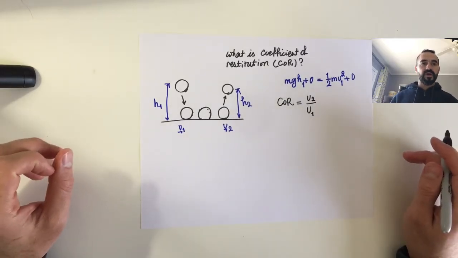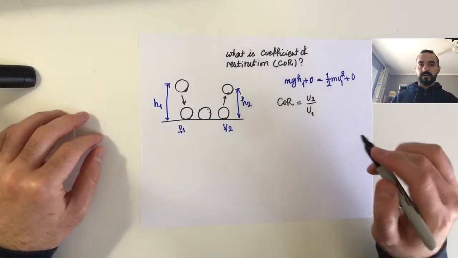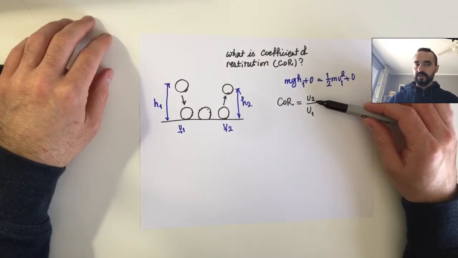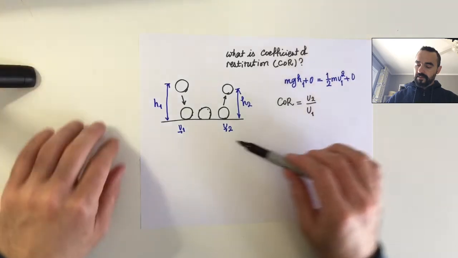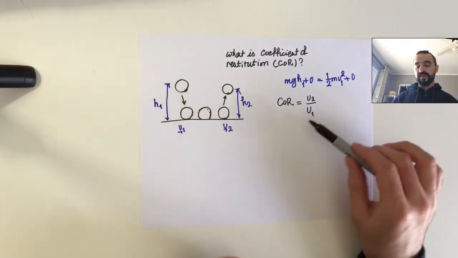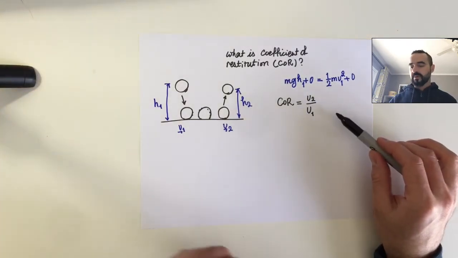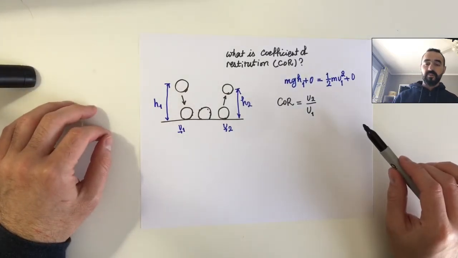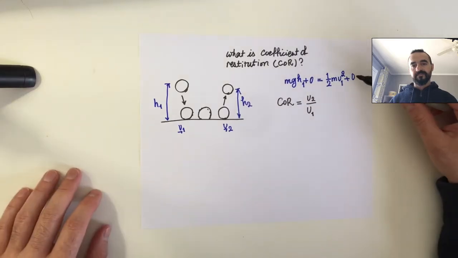And we know that the magnitude of velocity at this point has got to be smaller than the magnitude of the drop velocity, right?